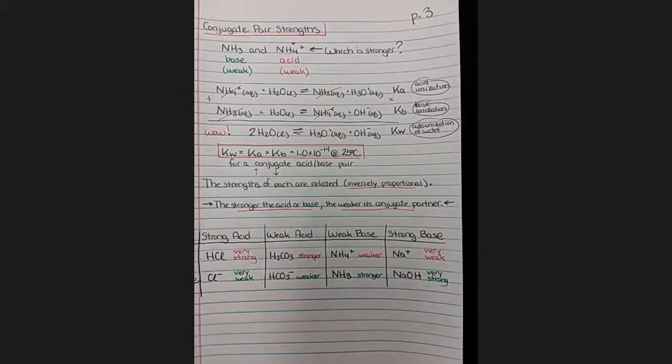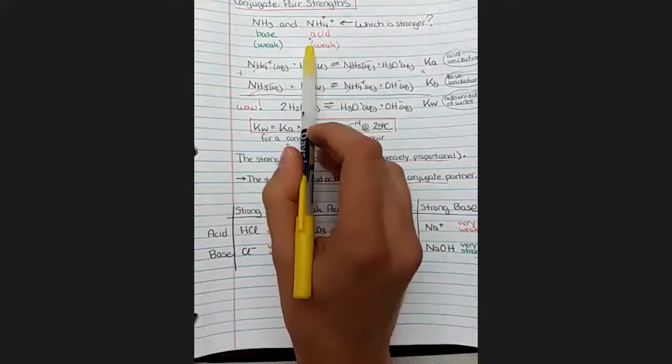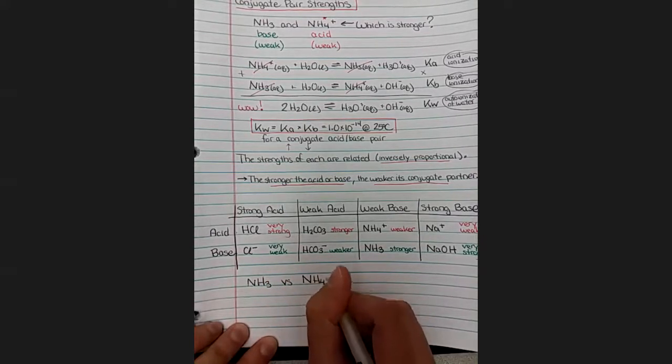Okay, so more on numbers later, but first we have to answer our original question. Which one of these two things is stronger, NH3 or NH4? We're all about petty feuds here. All right, let's see.